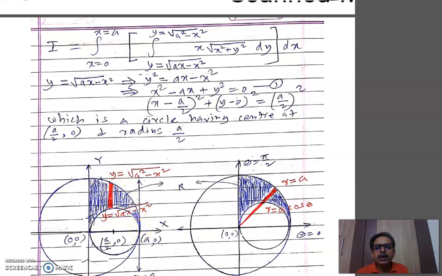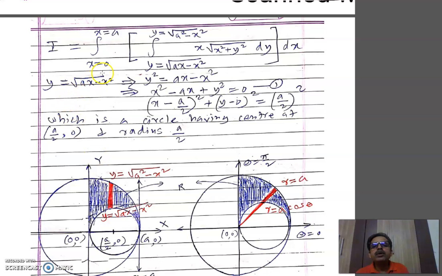The point a comma 0 is the common point between these two circles. We now place a vertical strip whose bottom end is lying on the small circle and top end is lying on the big circle. This will be the position of the vertical strip.